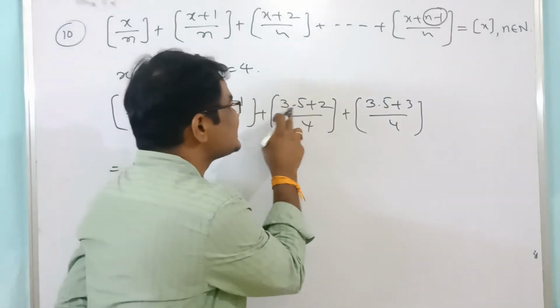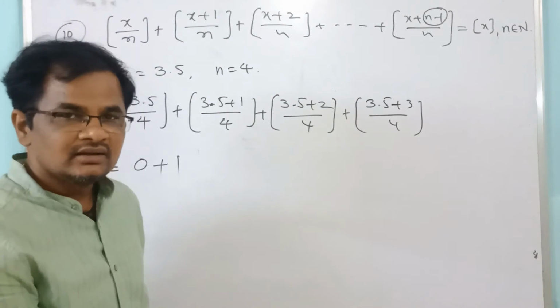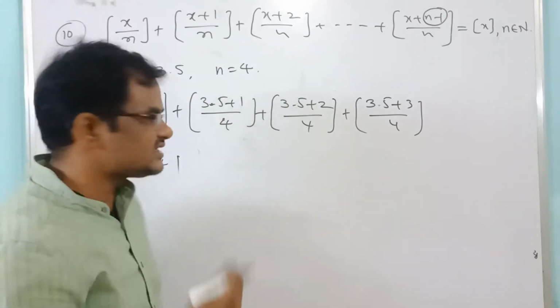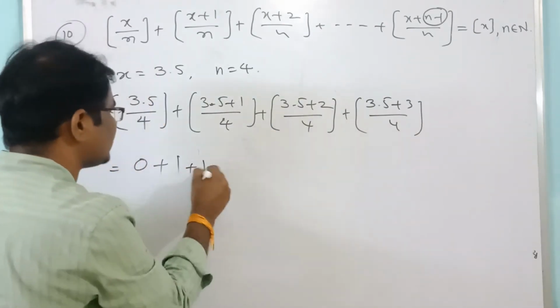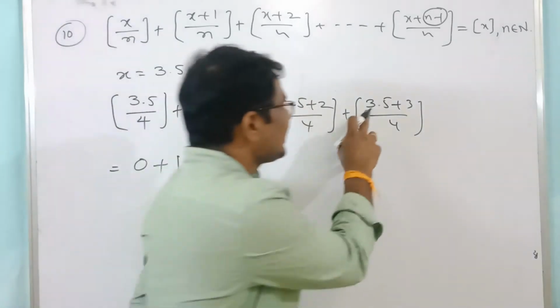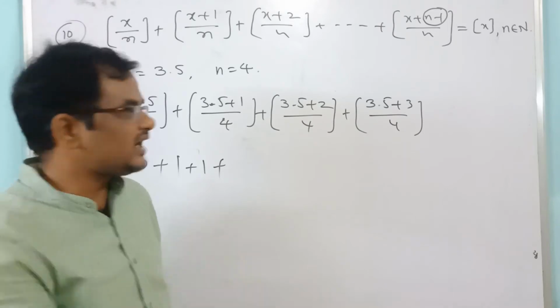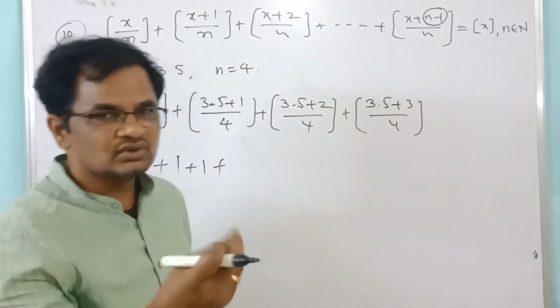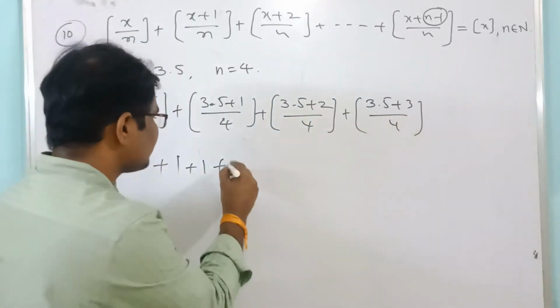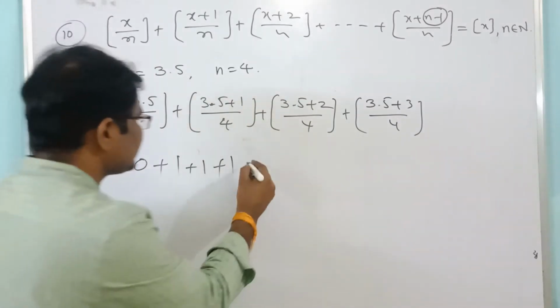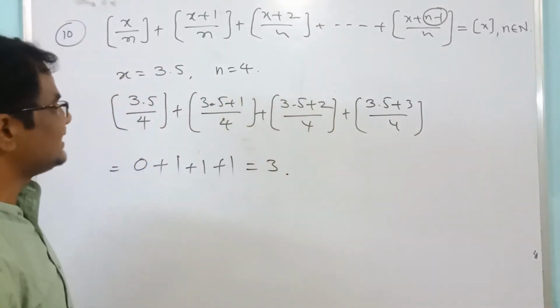And here 5.5 divided by 4 means 1 point something, floor of 1 point something means 1 only, plus and here 6.5 divided by 4, so 1 point something, which means 1 only. So that is equal to 3.